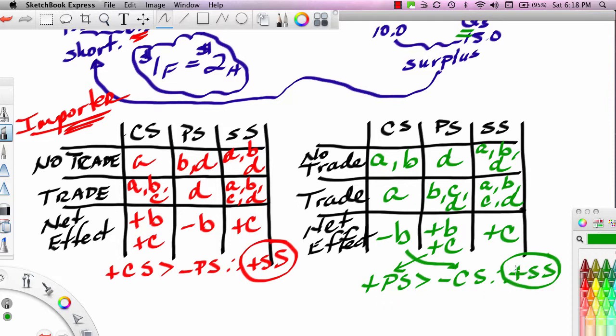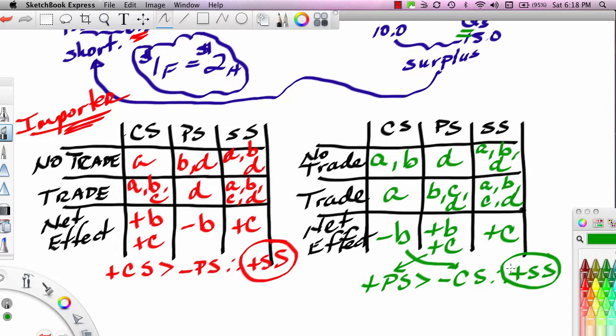And guess what? The exporting society actually wins. So is exporting good for a nation or bad for a nation? It's good and bad. But the win or the benefit exceeds the loss. So the winners win more than the losers lose, and so the exporter nets out winning.